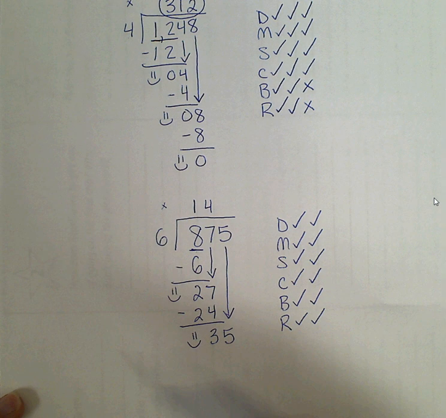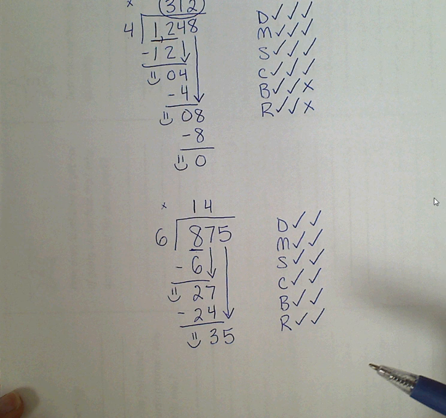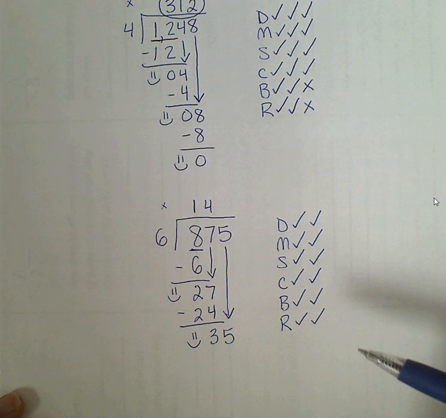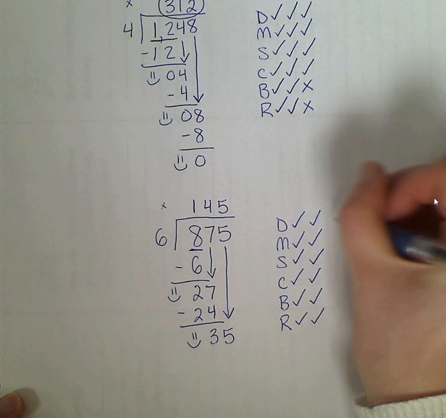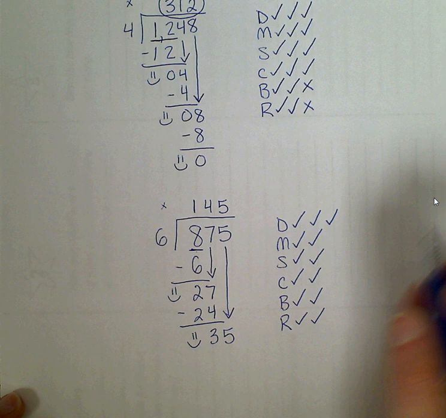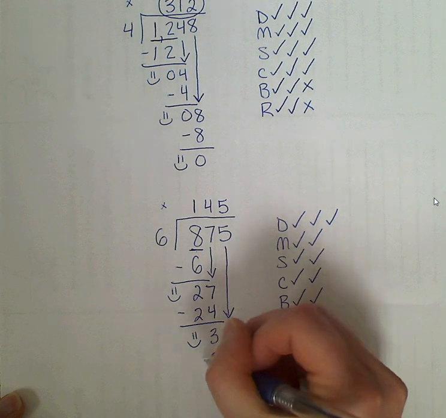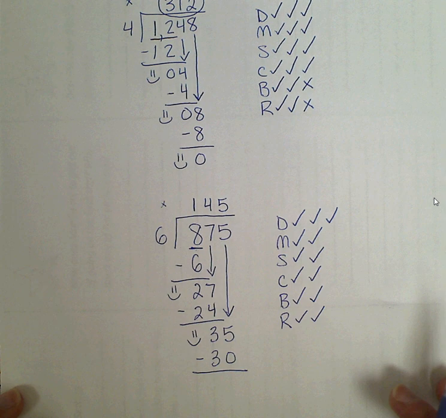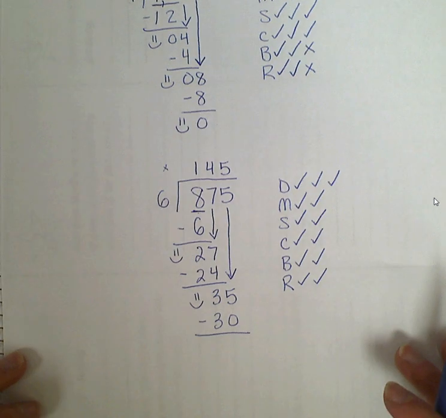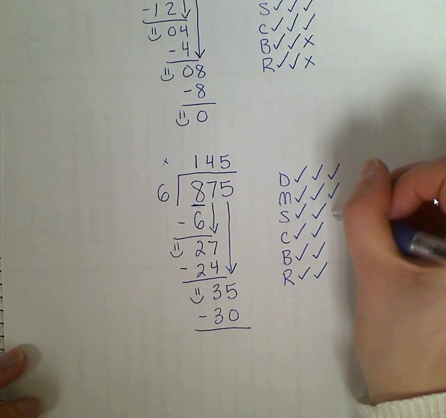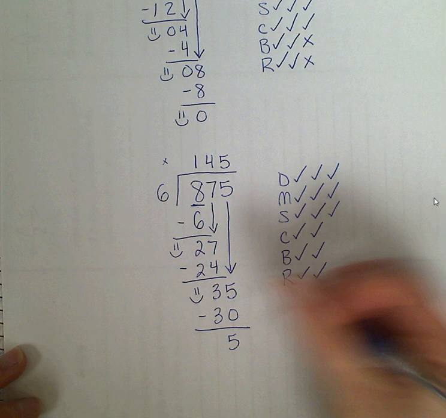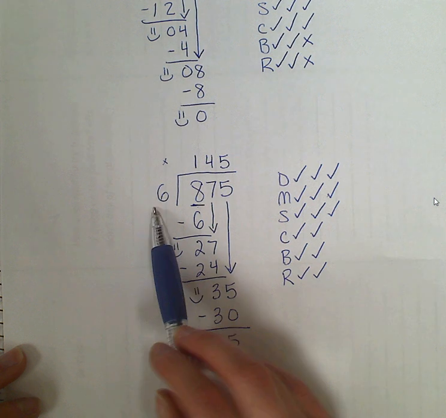I'm dividing by 6. I know 6 times 5 is 30, and 6 times 6 is 36, so that's too much. Let's stick with 5. I just said 6 times 5 was 30, so I can write that down. And now I need to subtract. 35 minus 30 is 5. Is 5 less than 6?